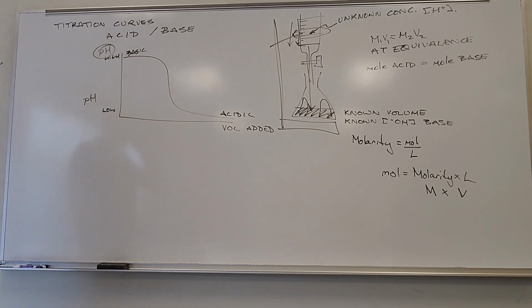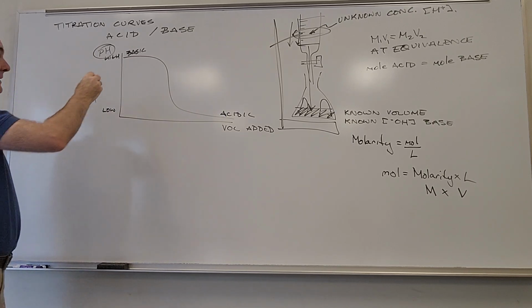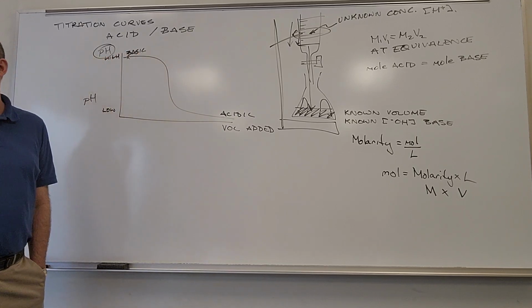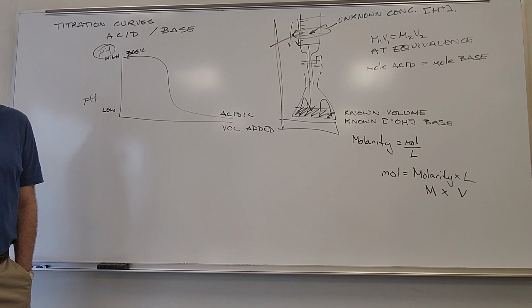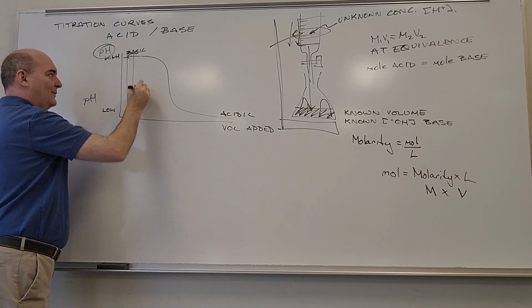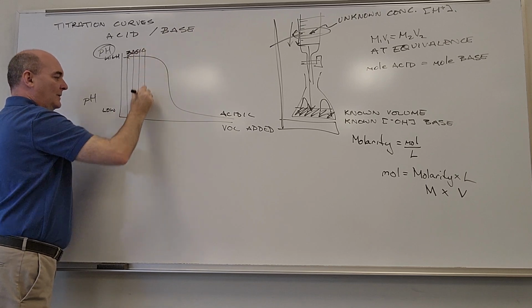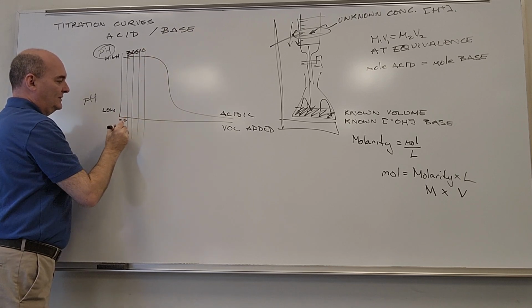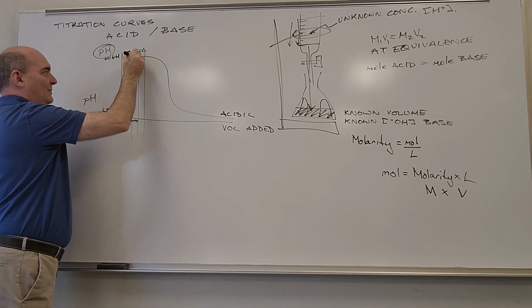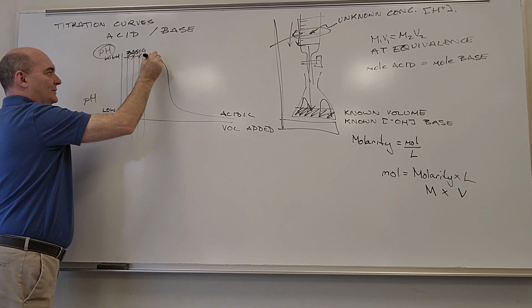But since we don't have a pH meter. Yeah, well, if you have a pH meter, then you can measure the pH at known increments of added volume. So I would say this is an increment of added volume that I want to measure, and I would measure the pH at those points.